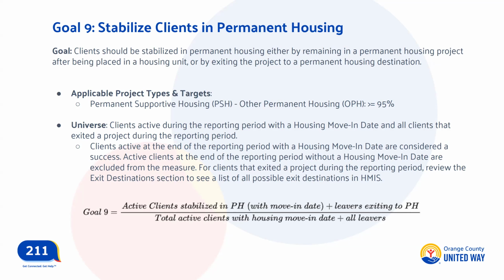For clients that exit a project during the reporting period, review the exit destination to see a list of all the possible exit destinations in HMIS. So for goal 9, we're looking at active clients stabilized in PH, meaning they have a move-in date entered, and leavers exiting to PH situations, divided by all active clients with a housing move-in date and all leavers.